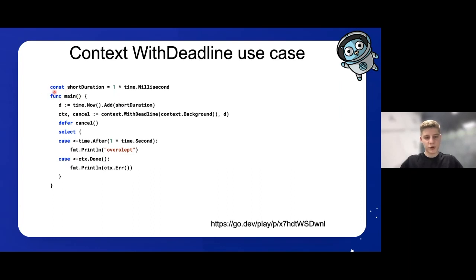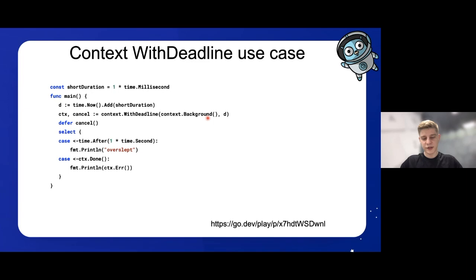So we added some constant, that means a short duration, and we added just 1 millisecond. We added it here as well to make it with another type. We made it with time now, so the current time, and added just 1 millisecond.